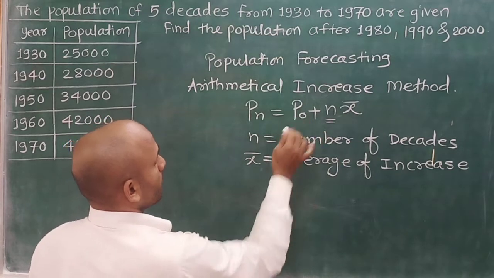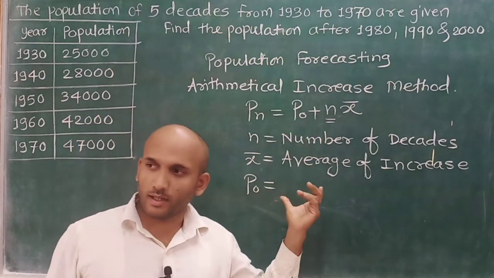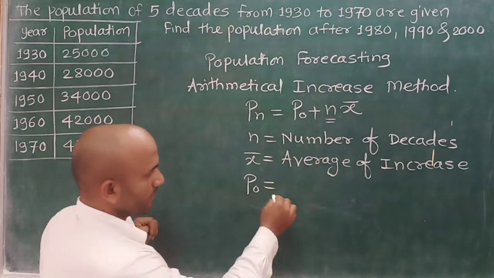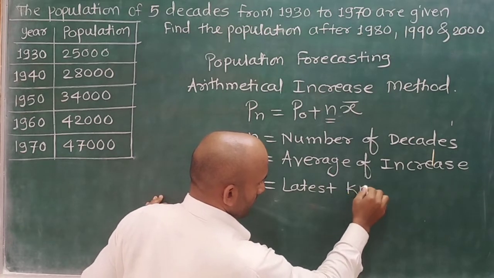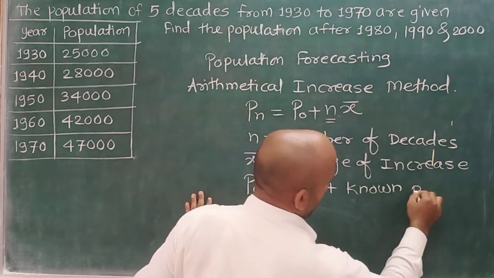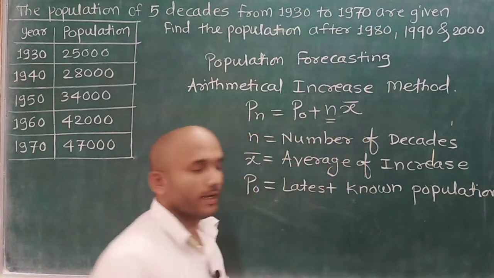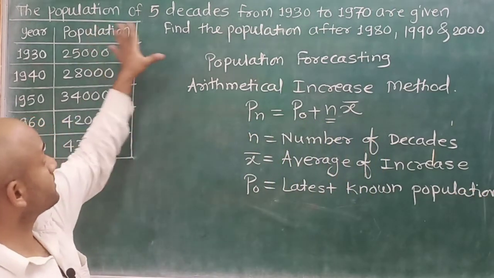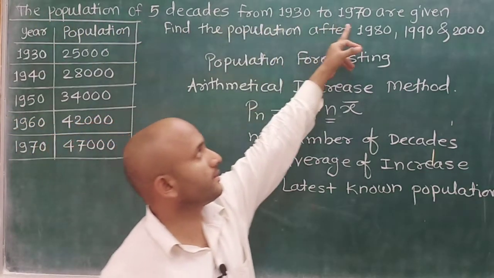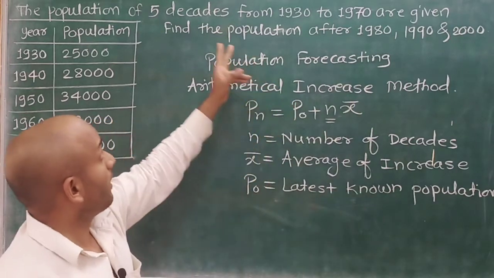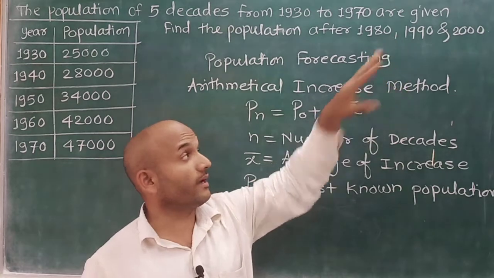And what is the value of P naught? P naught is the latest known population, the present population. In this example, the populations of 5 decades from 1930 to 1970 are given, and we have to find the population after 1980, 1990 and 2000.